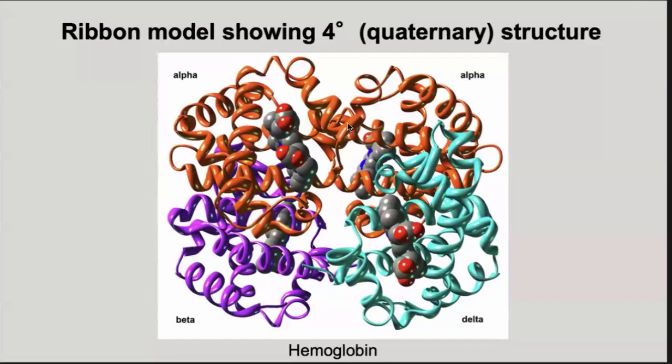And then those 4 chains have to come together to form a larger, more complex blob. So in orange, we have 2 alpha chains. In purple, we have a beta chain, and in turquoise, we have a delta chain. So 4 separate amino acid chains that then come together to form a single functioning molecule of hemoglobin.